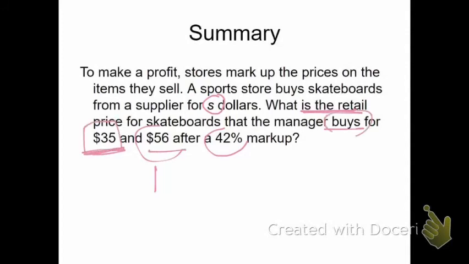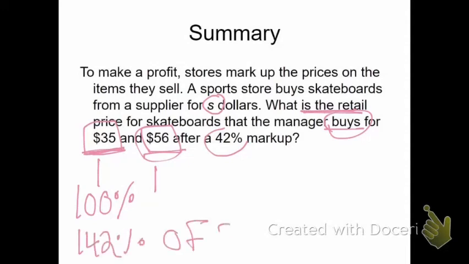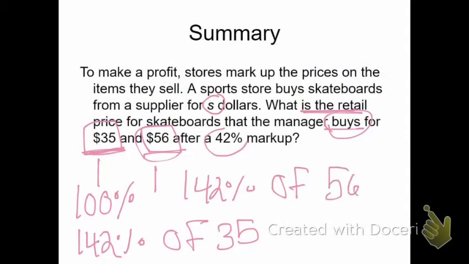That's how much they buy it for. And then they're going to mark it up by 42%, which means that this is 100% of the price. What is 142% of $35? And what is 142% of $56? And so we would set up our percent proportions.